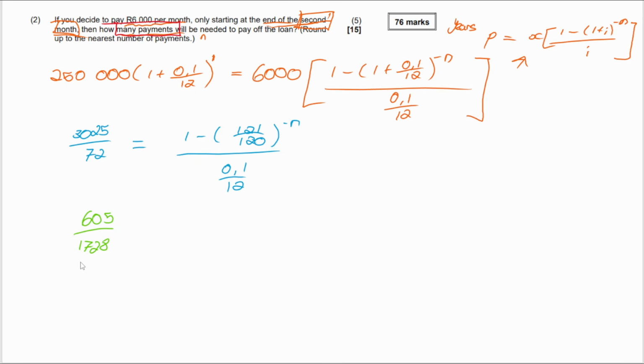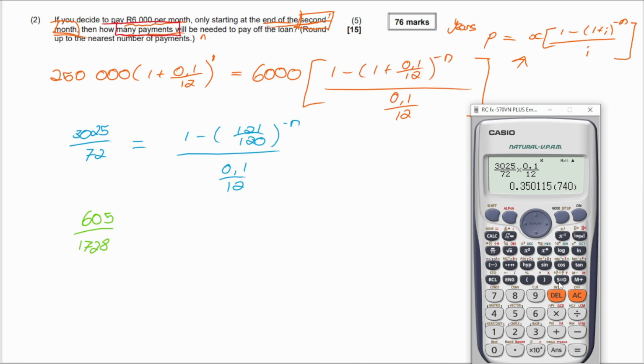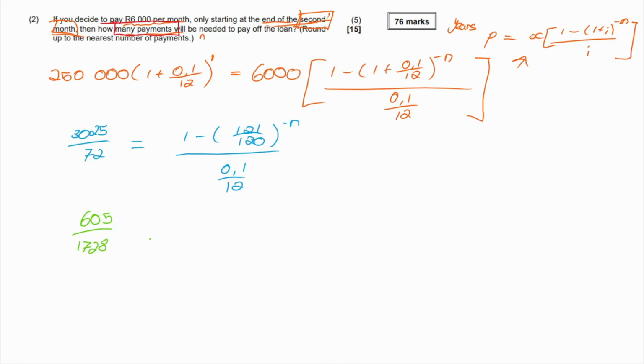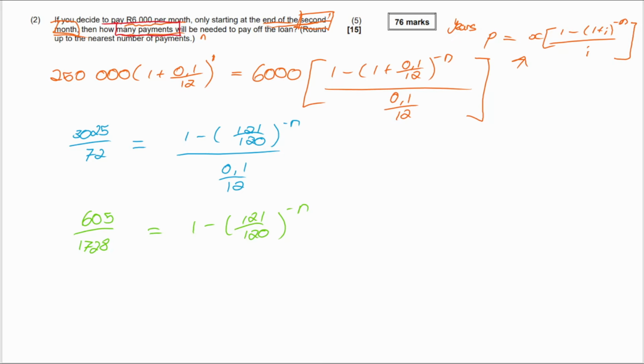I recommend leaving all your answers as fractions here, otherwise you're going to be rounding too much at every step. All right, so let's evaluate. Now on this side, we have 1 minus 121 over 120 to the power of negative n. So I can get rid of this 1 and take it to the other side by subtracting 1.